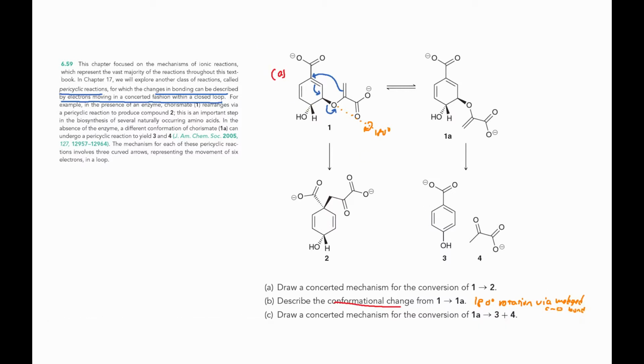I will specifically point out, I'm talking about this bond here, the green color. Okay, and part C, draw the concerted mechanism for the conversion of 1A to 3 and 4.